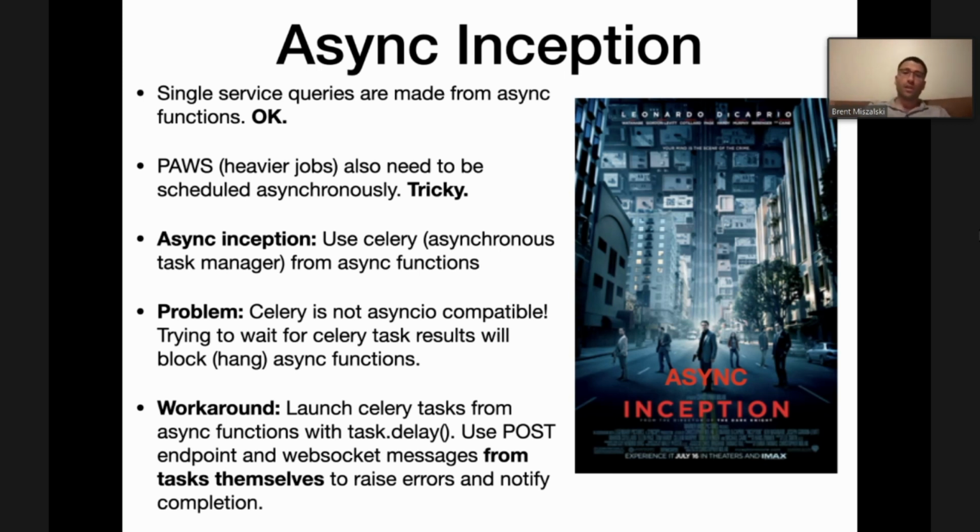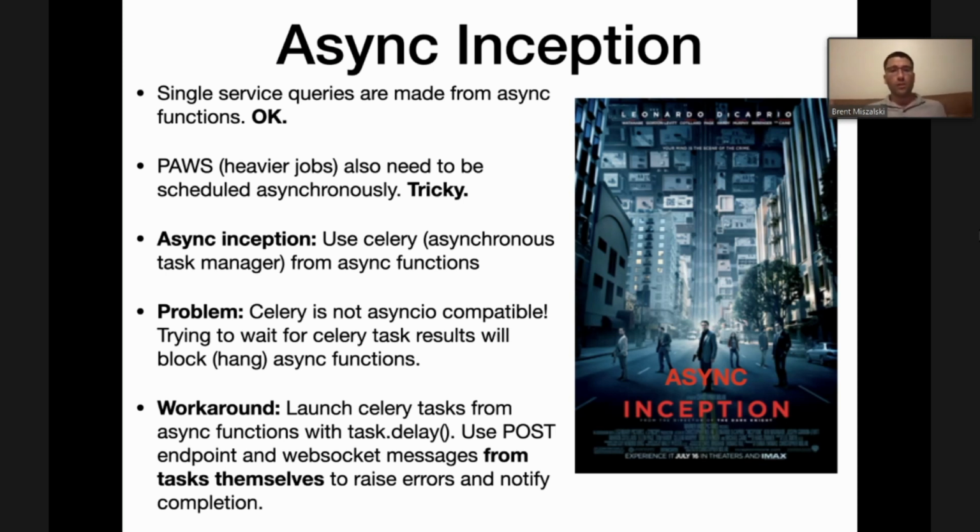an asynchronous function. The problem is Celery is not async IO compatible, and you do not want to wait for Celery task results and process what the outcome of a task is from an asynchronous function, because it will block or hang your entire program.